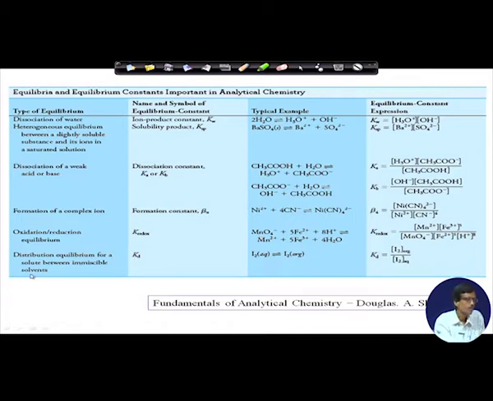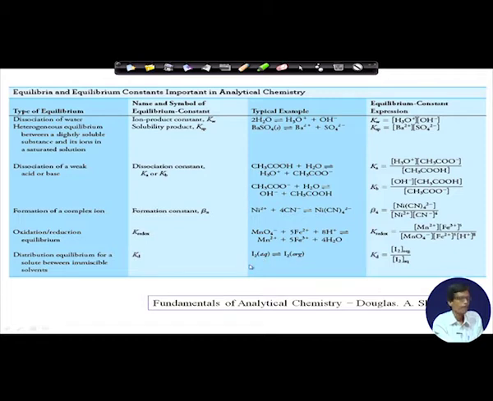Okay. And lastly, another thing that is very much important is a particular chemical species which is getting distributed between two immiscible media, such as organic and aqueous media. Take iodine, which we all know is soluble in water as well as in organic solvents, and ask what the distribution should be.